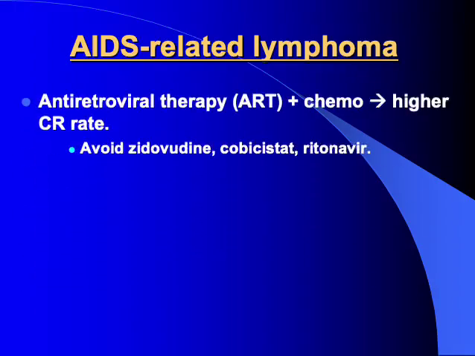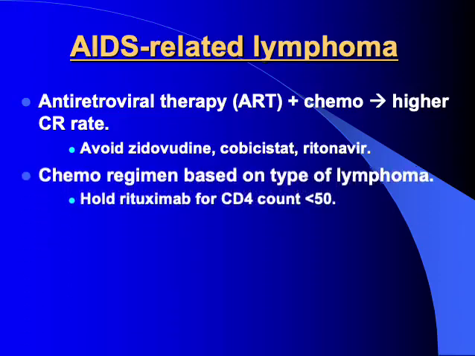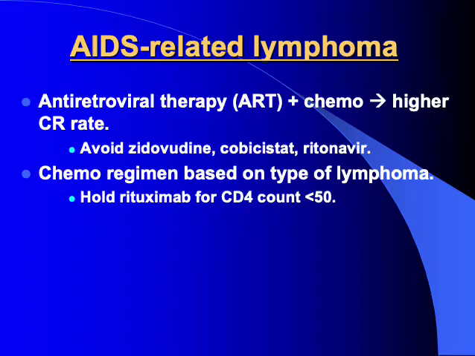The best outcome and higher CR rate is if we use antiretroviral therapy, ART, plus chemotherapy at the same time. However, we should avoid zidovudine, cobicistat, and ritonavir due to drug-drug interaction. Chemotherapy regimen is based on the type of lymphoma.